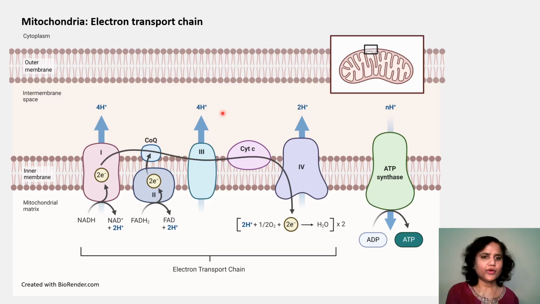There are more protons in the intermembrane space in the end. So these protons can then flow back into the matrix via the ATP synthase complex, and the energy which is released in this process is coupled to the synthesis of ATP from ADP and Pi.